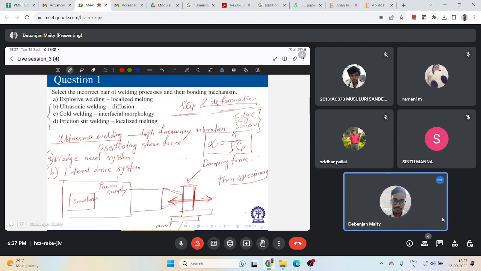So it permits the welding, as I was saying, of thick sections with this reed system and thin sections with this lateral drive. And here the pressures used are lower, the welding times are shorter, and the thickness of deformed regions is thinner than other welding techniques like cold welding. I will mention that also.